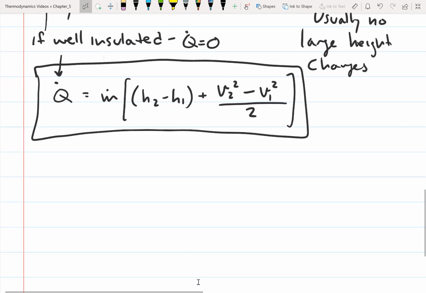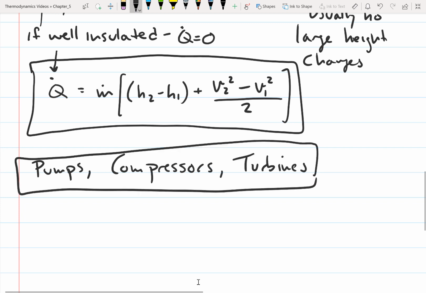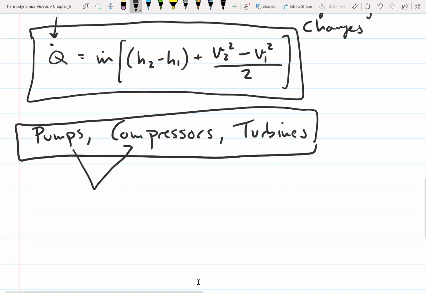Now let's look at pumps, compressors, and turbines. First of all, pump and compressor are basically the same thing. A pump is just used for liquids.